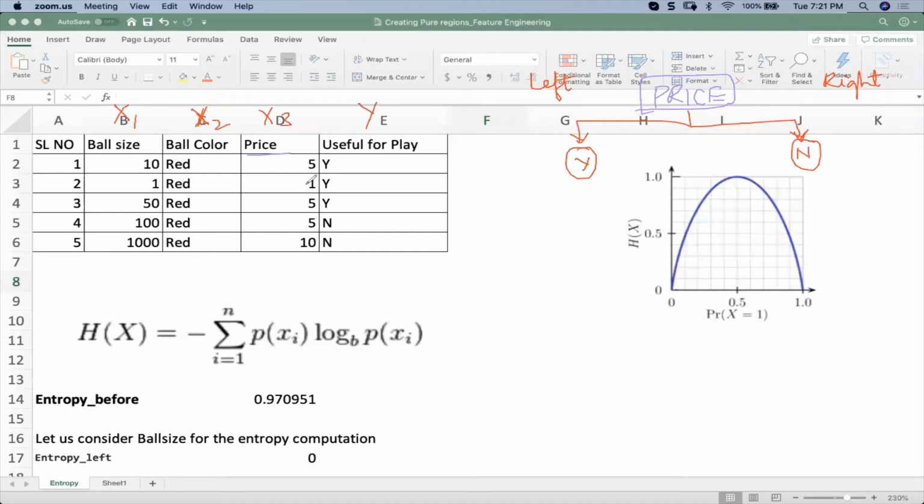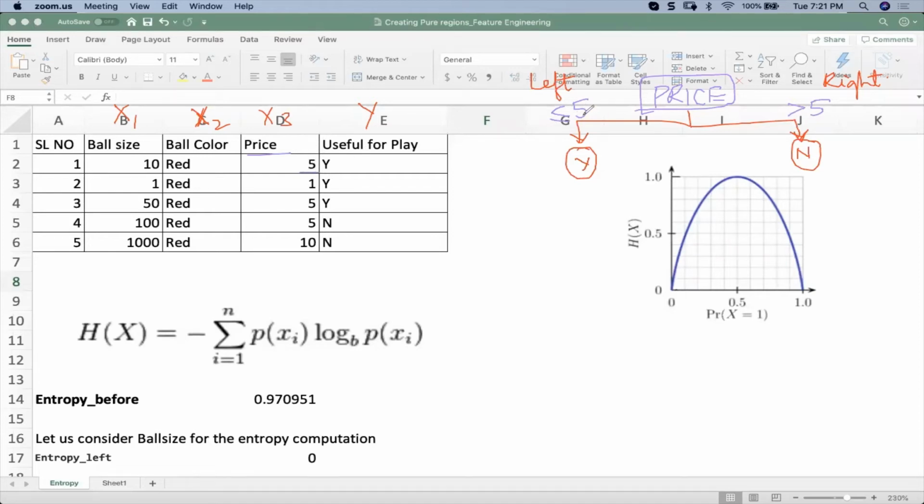Now here, by looking at this data, you need to come up with some logical decision rule, right? And say your model comes up with this rule saying that less than or equal to 5, it will be useful for play. Greater than 5, it will not be useful for play. Simple.